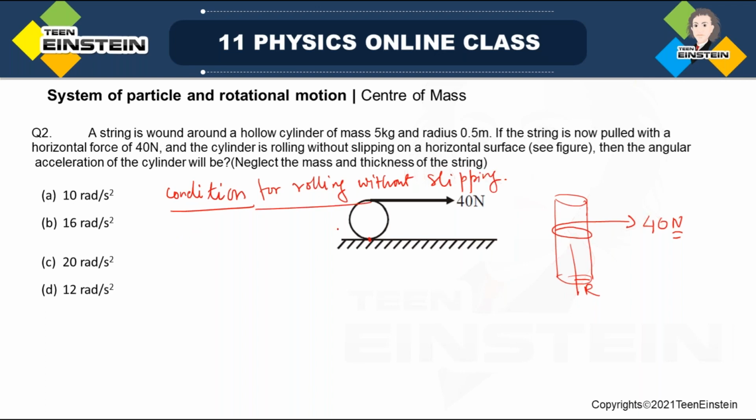What is the condition? For this kind of motion, v is equal to r omega. The linear velocity of the center of mass and the angular velocity have a relationship, v is equal to r omega.